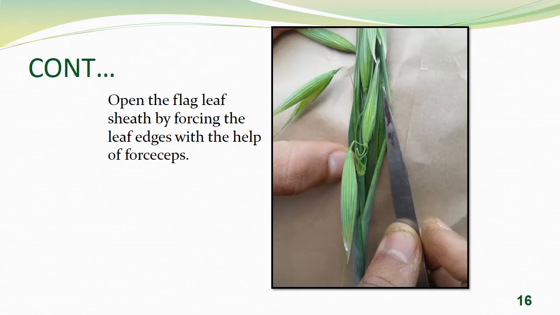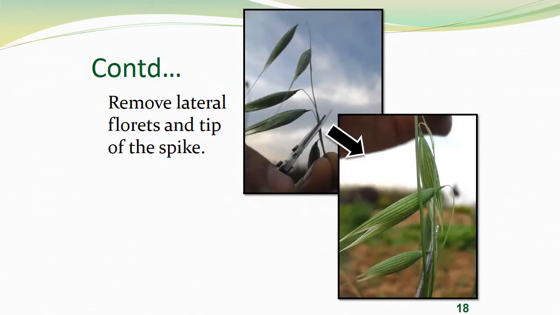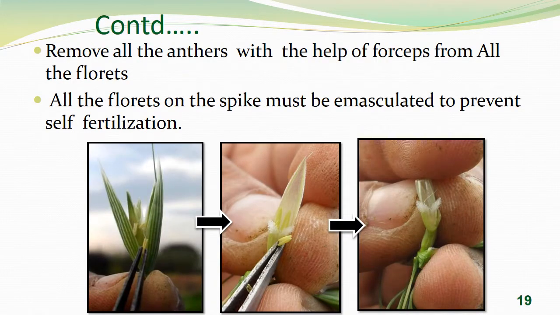Open the flag leaf sheath by forcing the leaf edges apart with the help of forceps. Then cut the sheath and flag leaf at the level of the first node of the rachis. This we have to cut. Then remove lateral florets and the tip of the spike. Remove all the anthers with the help of forceps from all the florets.